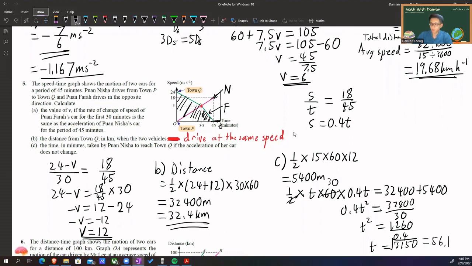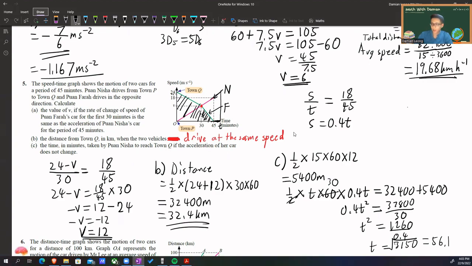But the answer given in the textbook is different. If I look at the answer in the textbook, it is 60. But in order for it to travel the same distance with a time of 60, the speed will actually reach 21.